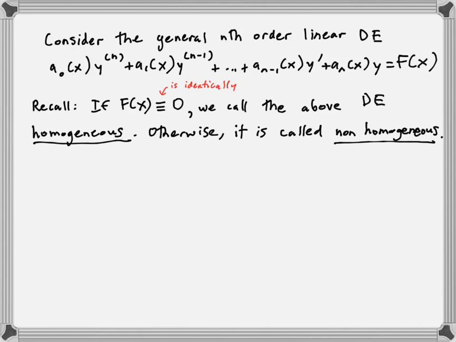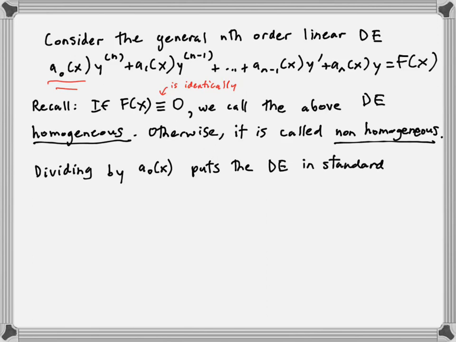As usual, you can put this in standard form, and that's what we usually like to do. You can always divide by this first term, a naught of x, to turn it into standard form.